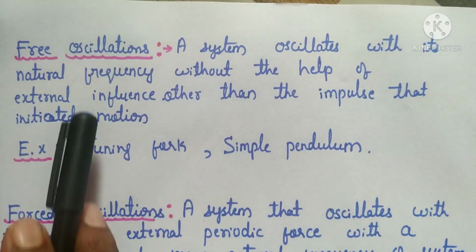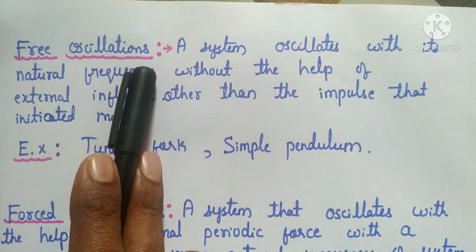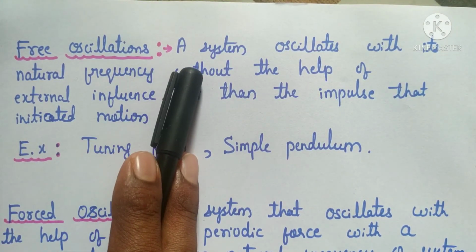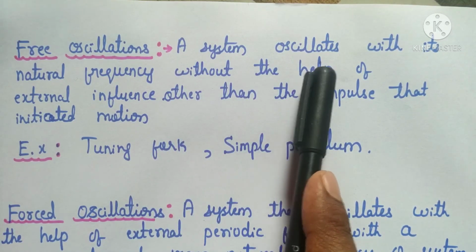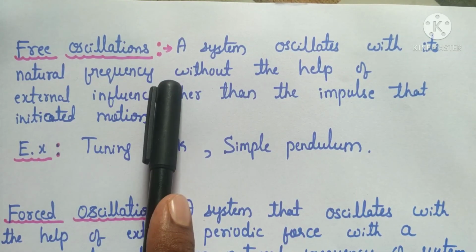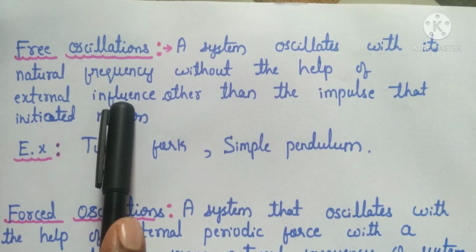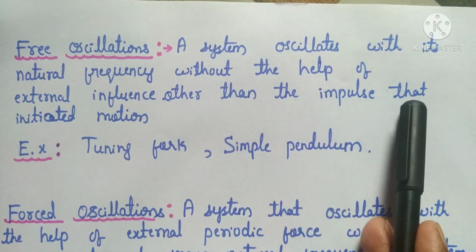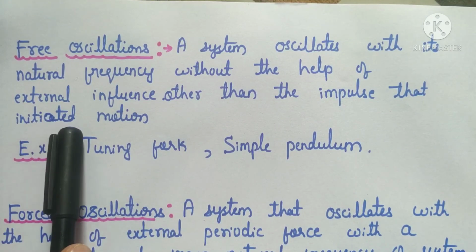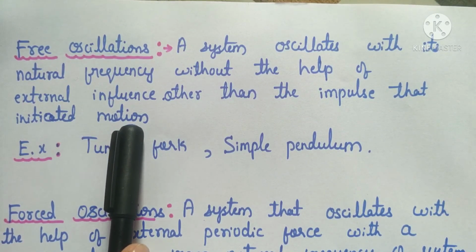First one is free oscillation. Free oscillation means a system oscillates with its natural frequency without the help of external influence other than the impulse that initiated the motion. That means the object oscillates by itself with its natural frequency without the help of an external periodic force.